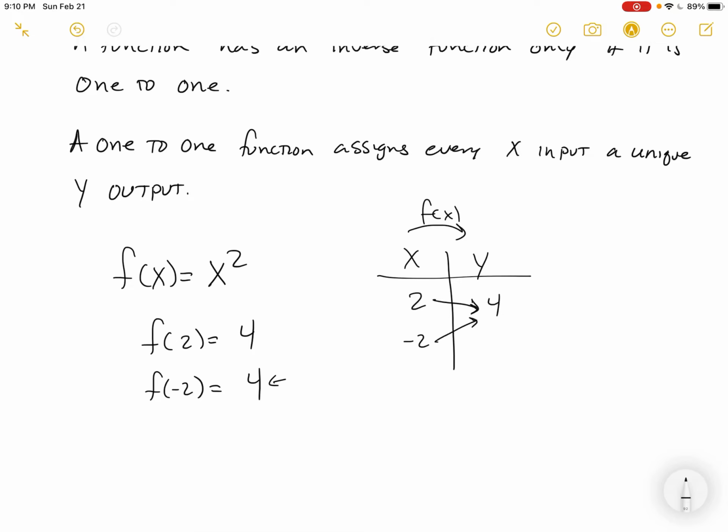Now, that's a function, no problem, if you look at f of x, but if you try to reverse it, we got big issues, because what an inverse function does is take y values and sends them to x's, right? So your inputs are now your y's and your outputs are now your x's. Well, I have the same input of 4 going to two different outputs, not a function. That's why only a one-to-one function can have an inverse function.